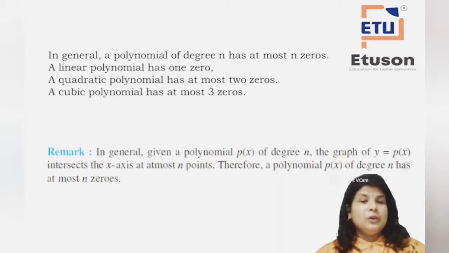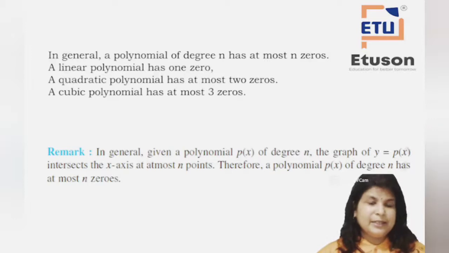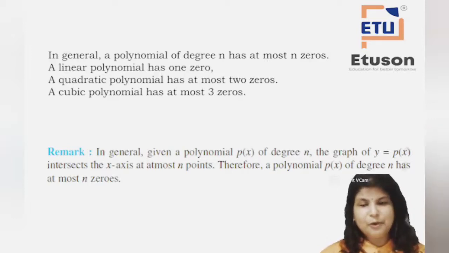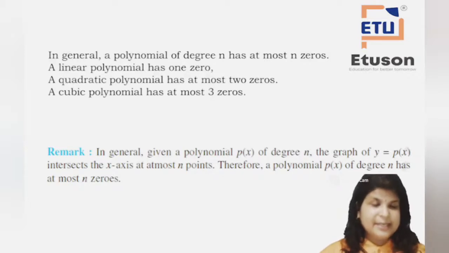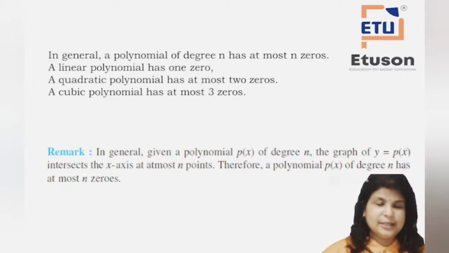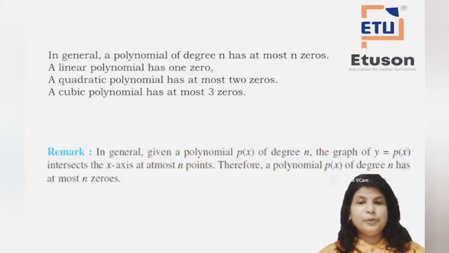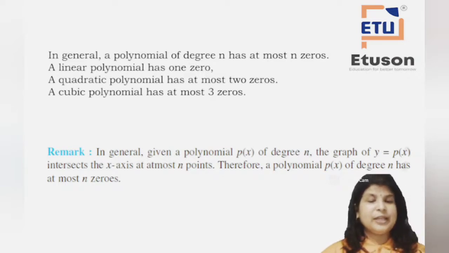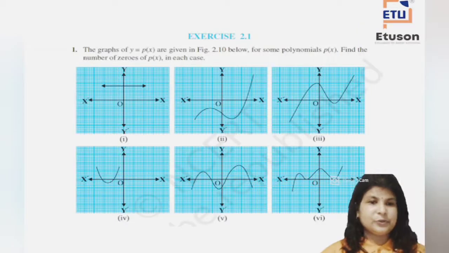So we can conclude, in general, given a polynomial p(x) of degree n, the graph of y equal to p(x) intersects the x-axis at most n points. Therefore, a polynomial p(x) of degree n has at most n zeros.